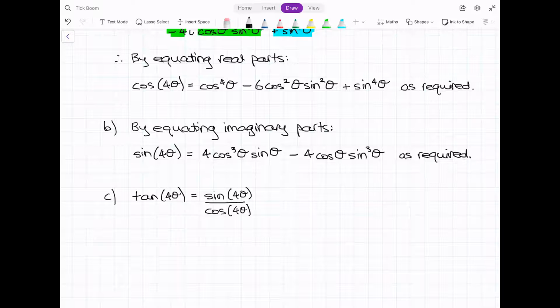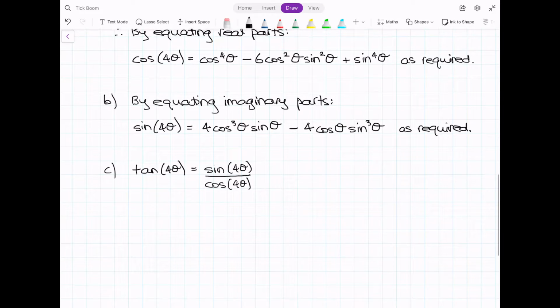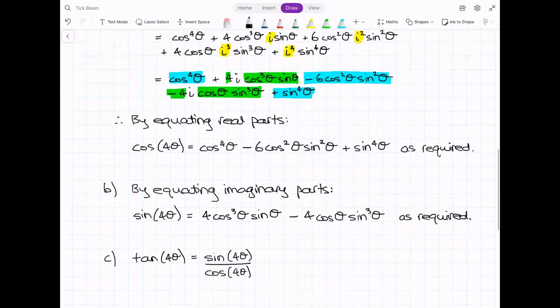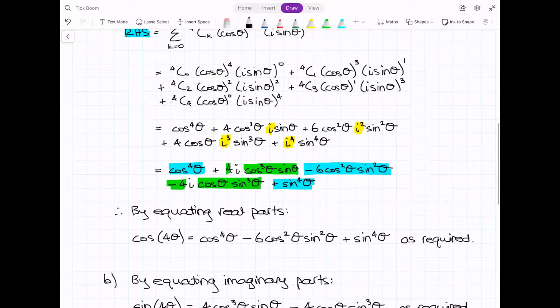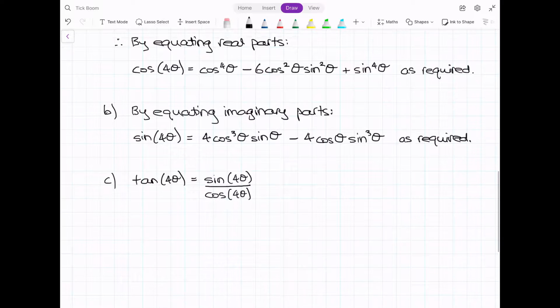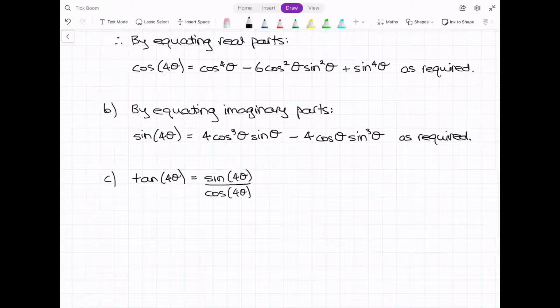And we've just found out what each of those are in parts A and B. So now we can just substitute those in and hope that we can simplify to what we're trying to get towards, which is 4 tan theta minus 4 tan cubed theta divided by 1 minus 6 tan squared theta plus tan to the 4 theta. So we see that in this result we want everything in terms of just tan. We'll need to keep that in mind as we substitute in our results from parts A and B, and then go about simplifying.